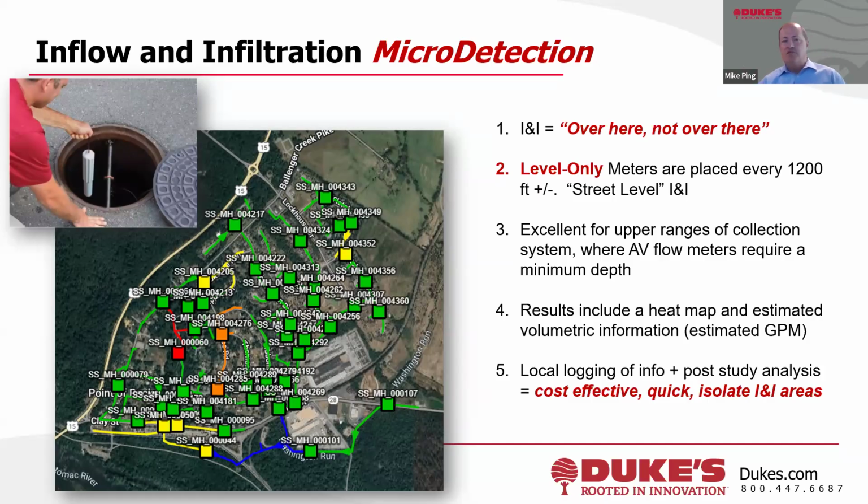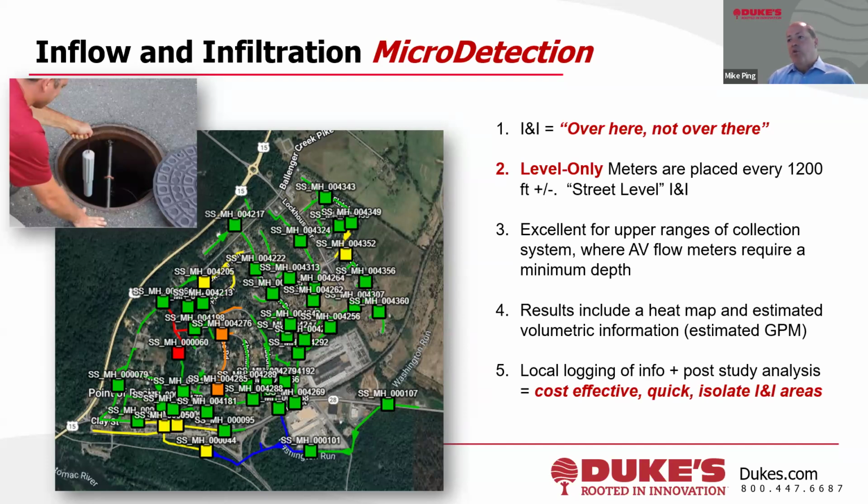This methodology is very good especially for the upper ranges of the system. If we go to the top right part of the map, there are very low flow levels, and the area velocity equipment, which we do too, really struggles in those applications. So it's great for that type of setup.